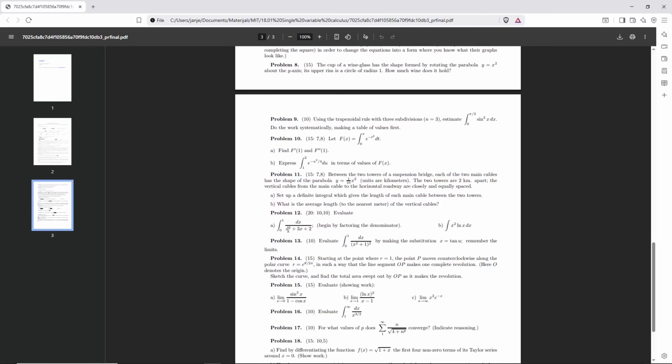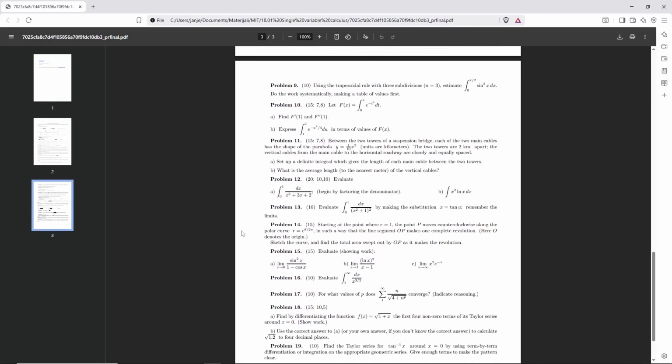First one is going to deal with partial fraction decomposition, and the second one is integration by parts. In problem 13, once again, we have integration techniques, and this case involves trigonometric substitution, and we are going to have to be careful about the limit change when we do the substitution.